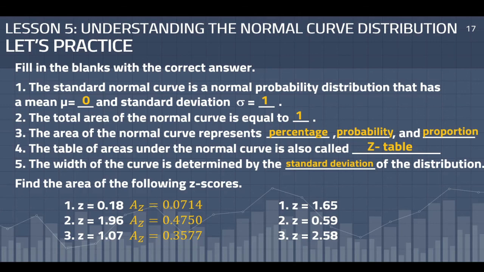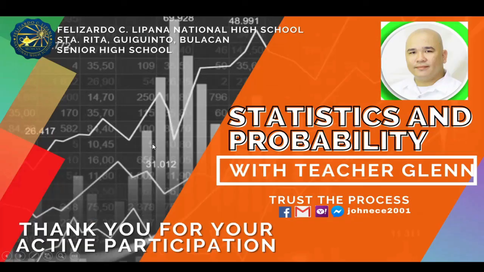Then, sa kabila, 1.65 is 0.4505. How about 0.59? Good. 0.2224. The last one? Very good. 0.4951. Nakuha ba lahat? Okay, very good.